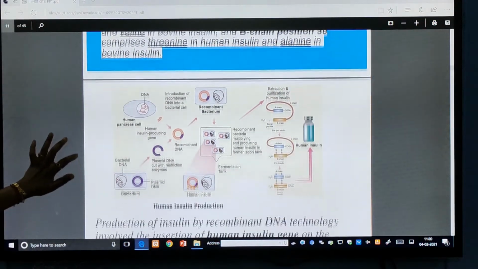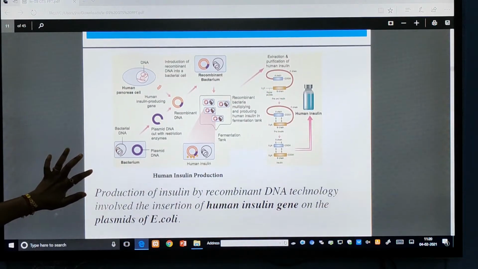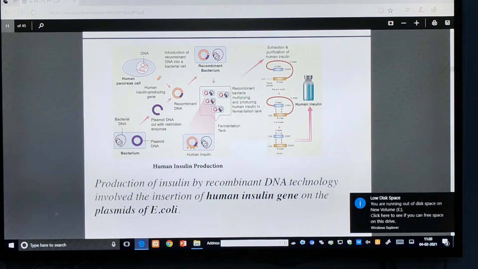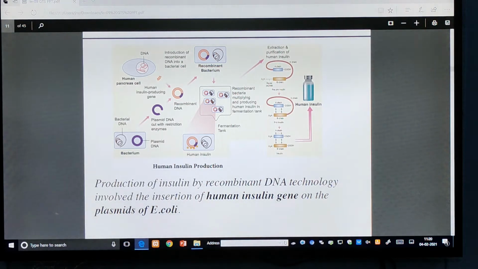Then what happened after that? Now they have entered into recombinant DNA technology, and they were able to produce insulin with the help of rDNA technology by the insertion of the human insulin gene into the plasmids of E. coli, that is Escherichia coli.